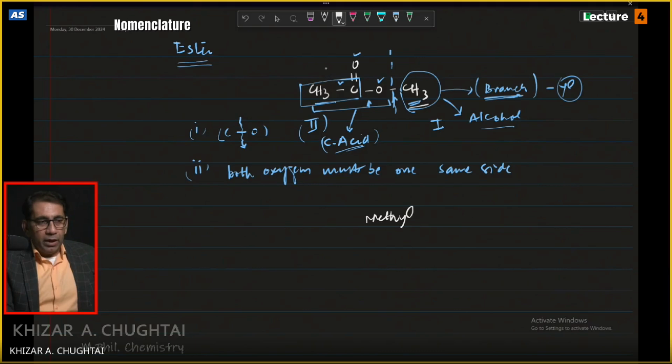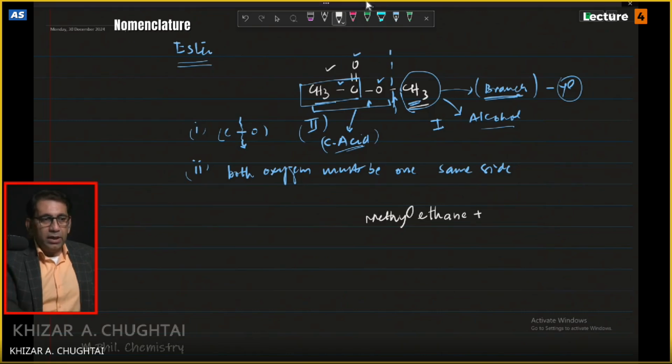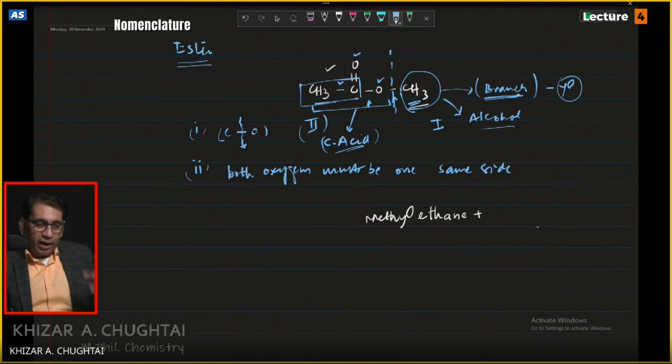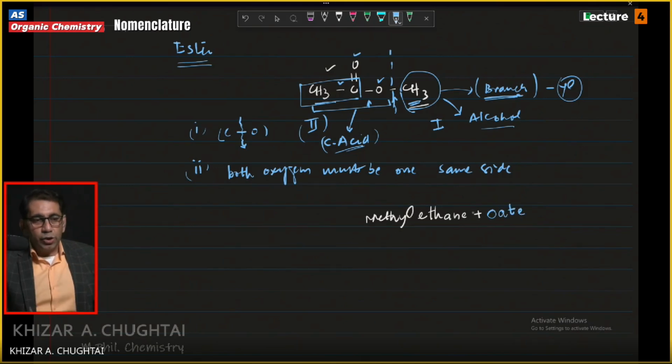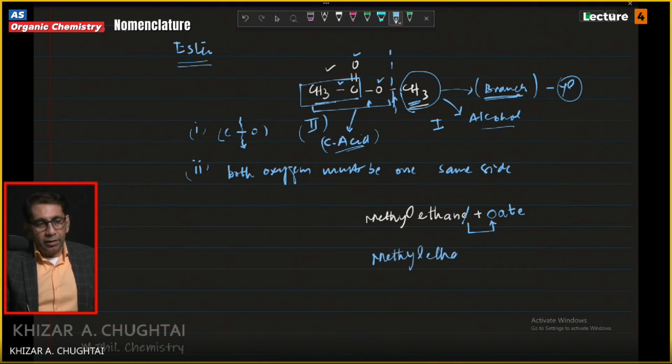Methyl. Then here, the second portion, two carbons. Two carbons mean eth. For the carbon-carbon single bond, you will write an. Now, here is the specific ending given to the esters, that is the suffix: O, A, T, E. As I told you in my previous lecture, I will eliminate this E. And finally, the name is methyl ethanoate.